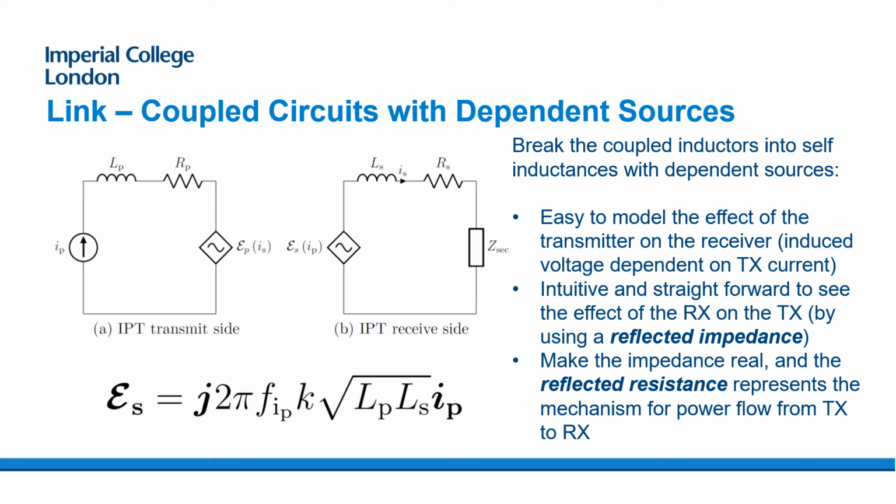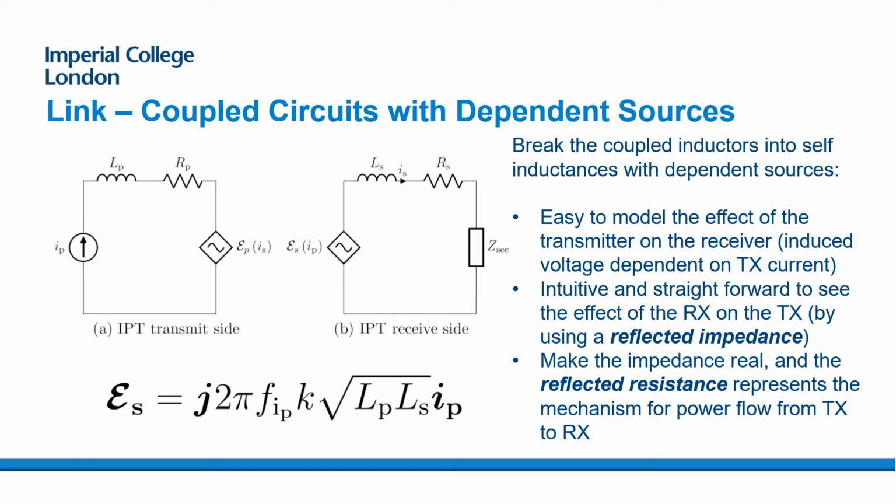It's nice to do this because it's now intuitive and straightforward to see the effect of one side on the other, because there's a controlled source on one side that is directly controlled by what is happening on the other side of the link. Now we've got a voltage induced on one side or the other, and a current will flow through it. We can now talk about there being an impedance associated with the coupling of one side of the link on the other.